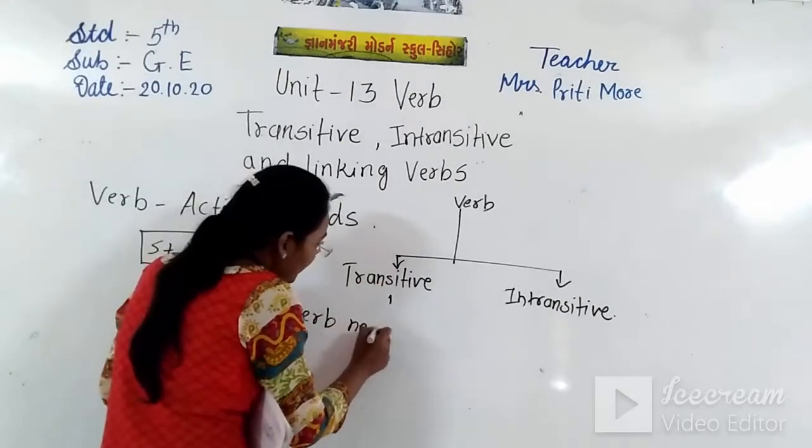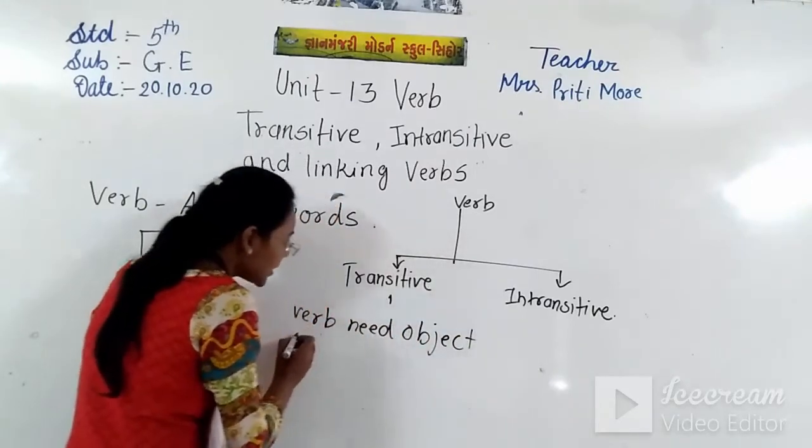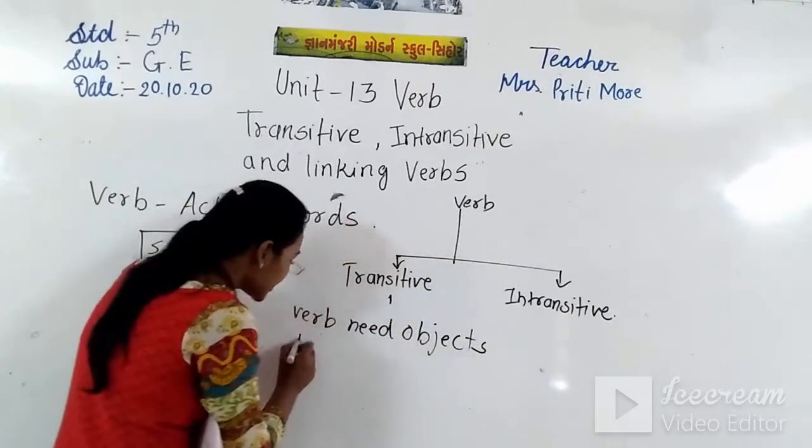A transitive verb needs an object to complete its meaning.